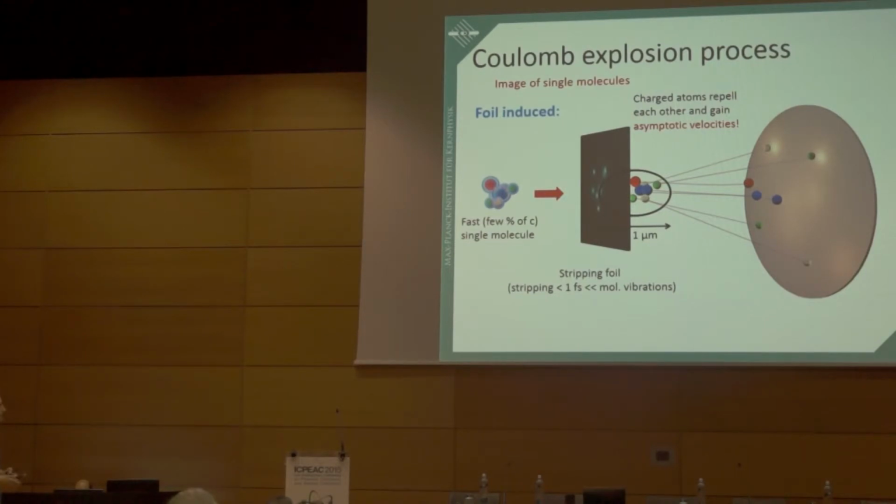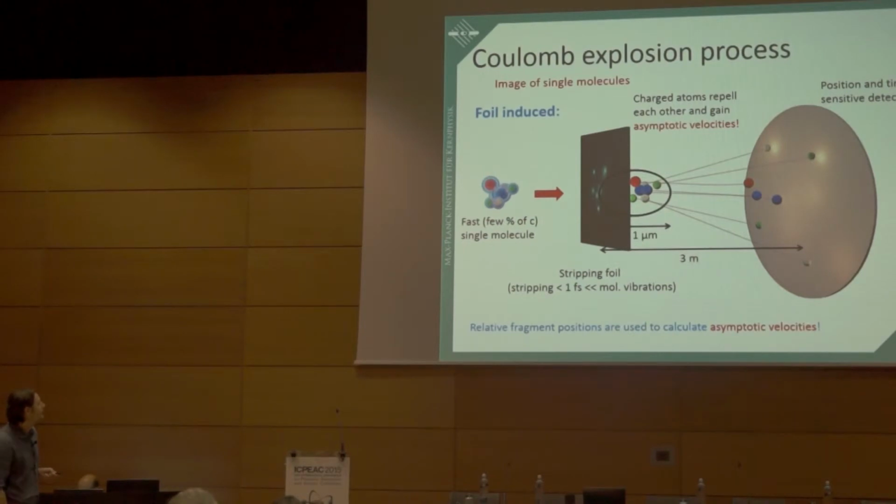What happens after this stripping is that the charged atoms start to repel each other until they gain, after about 1 micrometer, so-called asymptotic velocities. We then give the fragments 3 meters to drift apart until we detect them with a position and time sensitive detector.